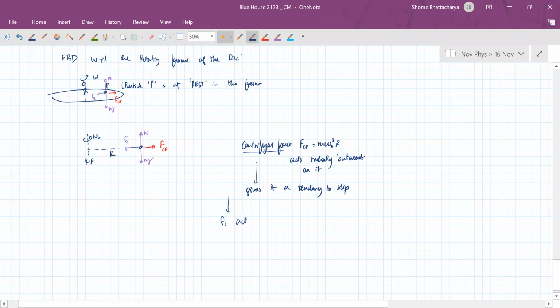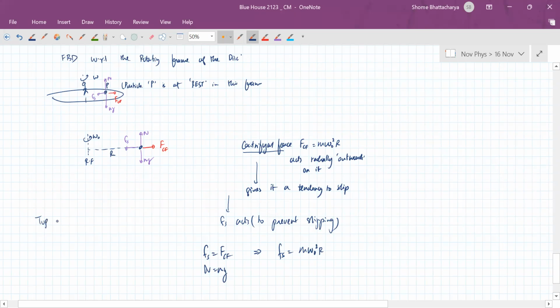Static friction acts to prevent slipping. So static friction balances the centrifugal force. Hence the magnitude of static friction is m omega naught square r, and normal reaction balances mg.